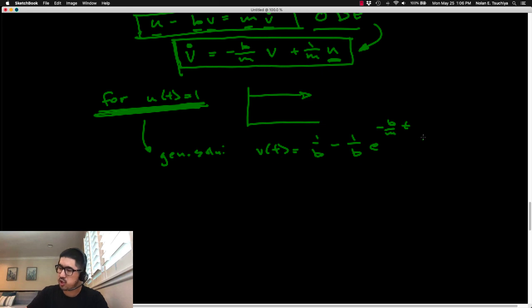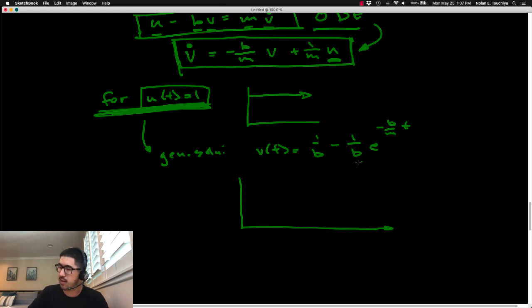This is the actual solution of this differential equation under the influence of this particular input. I kind of just jumped to that answer, but I'm just drawing from your differential equations course. So you already, in theory, know how to solve that differential equation. I'm just showing you what it looks like here, in particular to illustrate it.